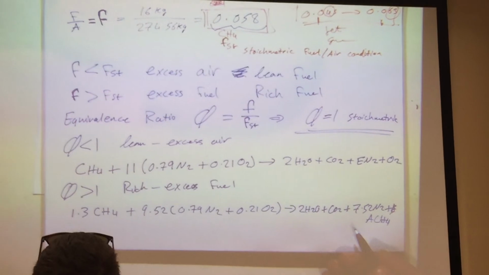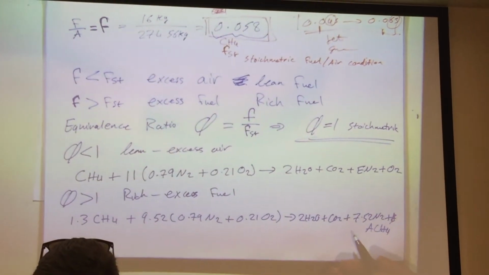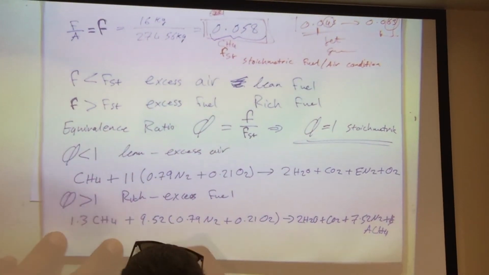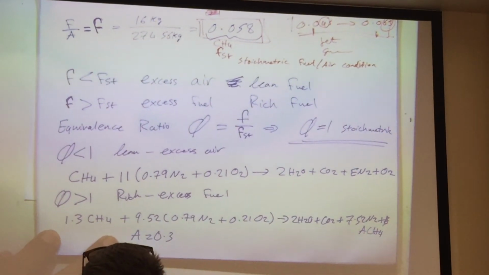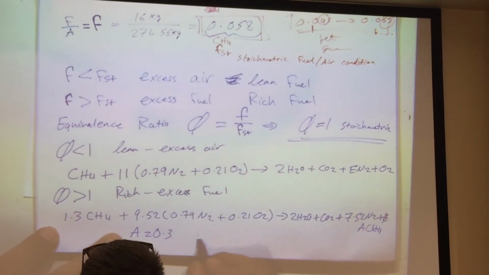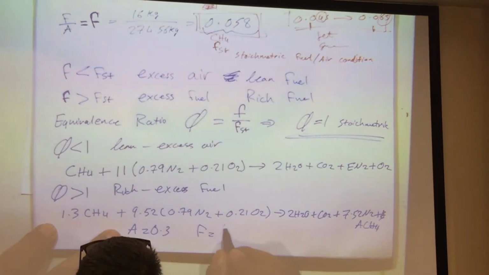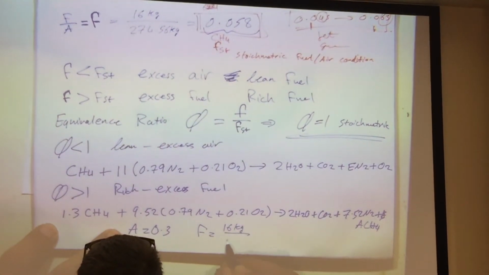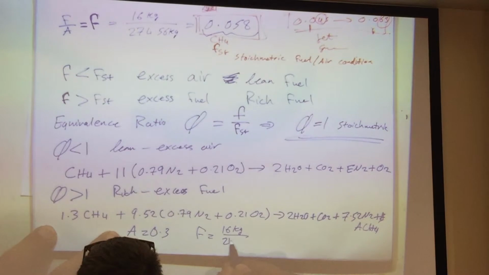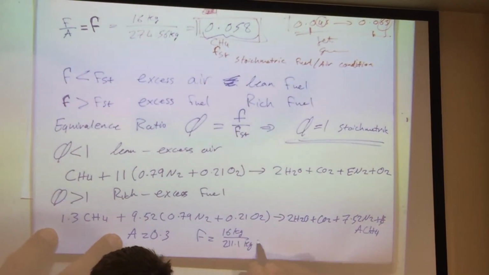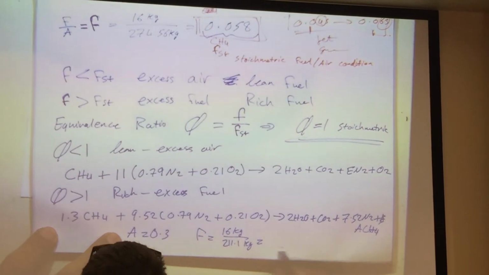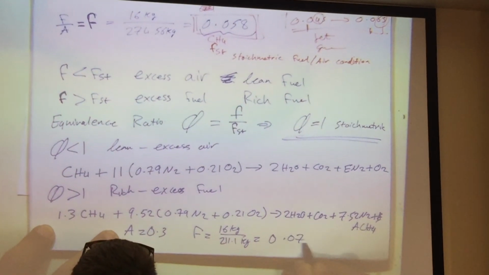For A, I got it for you, A is equal to 0.3, and from that, what you're going to get is the fuel to air ratio is 16 kilograms over 211.1 kilograms, and that is going to equal 0.076.